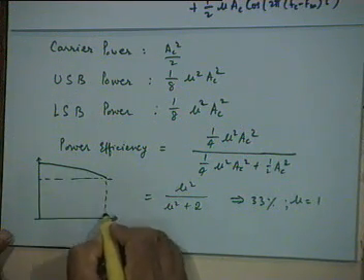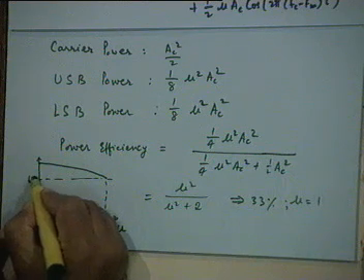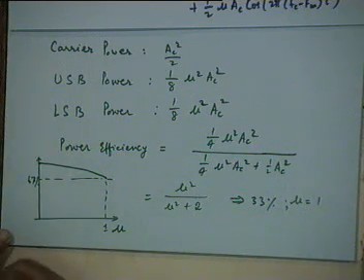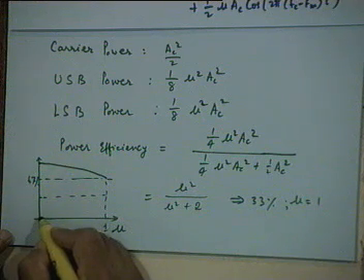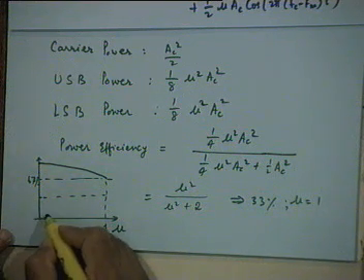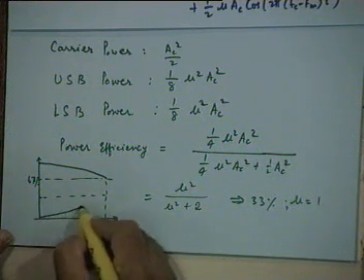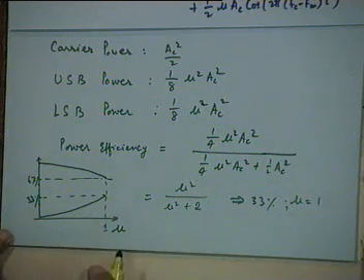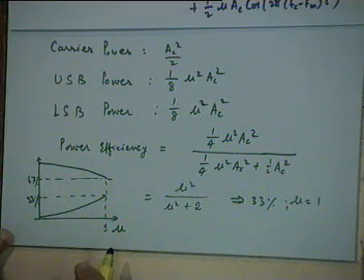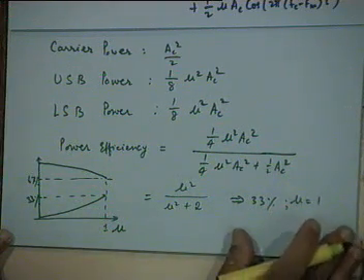When you take mu equal to 1, 67% of the power is in the carrier, right? As far as the sidebands go, at mu equal to 0, there is no power in the sidebands, and at mu equal to 1, 33% power is in the sidebands, right? So that's the profile that you have.